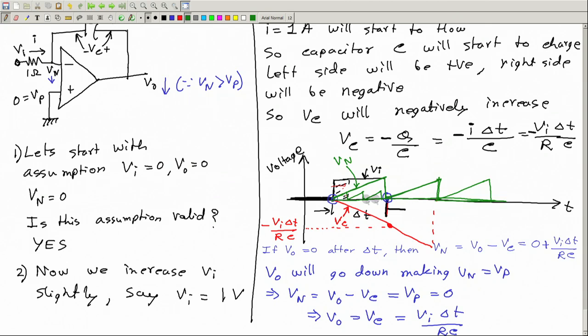This is how you can think it. So Vn will remain always equal to 0. Okay? Practically Vn will always remain equal to 0. But the capacitor voltage will go down like this, and therefore the output VO will also go down.